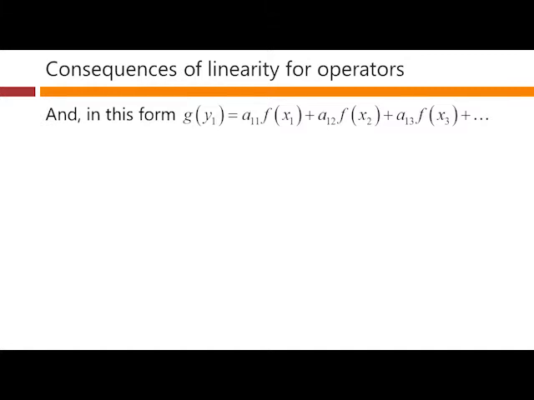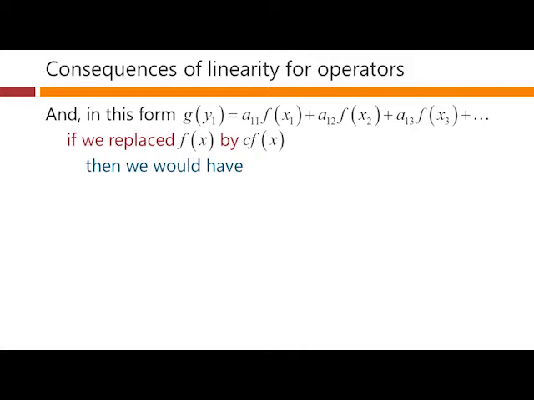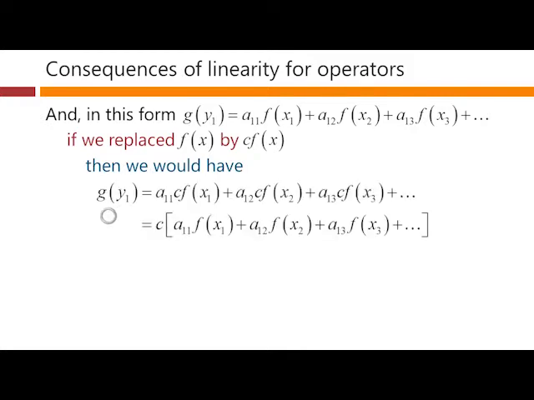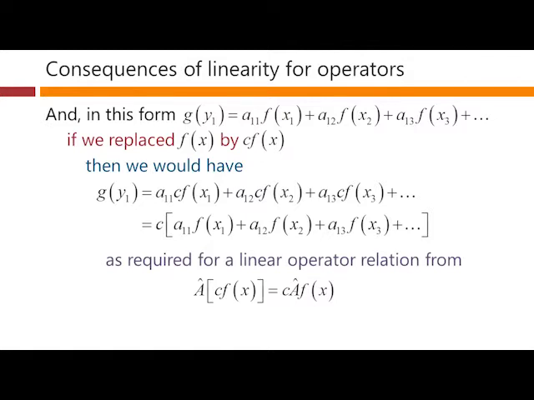And in this form, if we replaced f of x by c times f of x, then g of y1 would be a11 times c of f of x1, a12 times c of f of x2, and so on. But rather trivially, we see we've got the same factor in all the terms, so we can bring it out the front. So that's as we required for the second attribute for a linear operator. A operating on c times f of x has to be c times A operating on f of x.